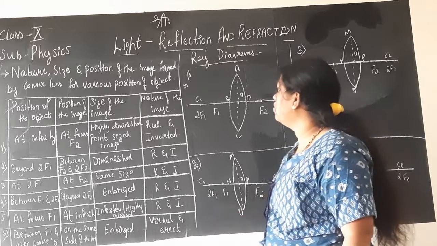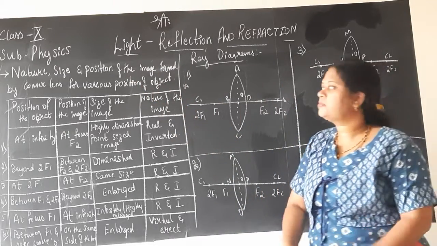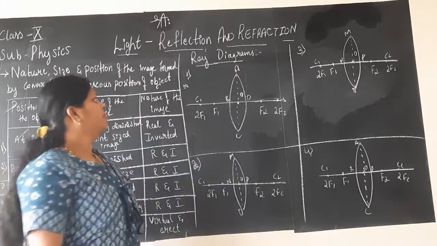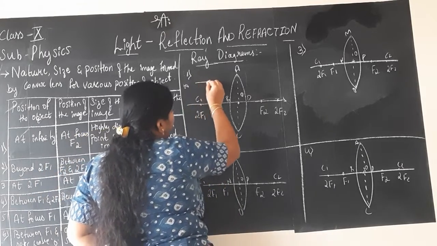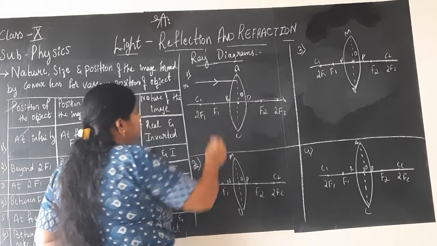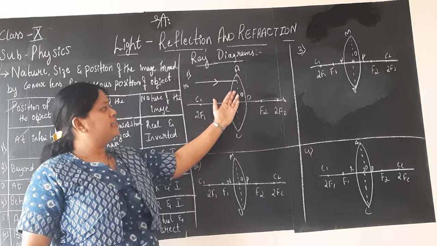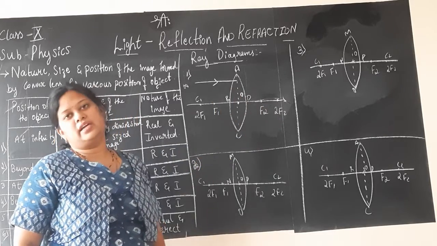So imagine, the light is coming from some infinite source, and the object is placed at infinite distance. When that is the case, a ray of light will fall on the lens. This is the incident ray. The ray of light is passing from rarer to denser, and after refraction it will travel from denser to rarer medium.